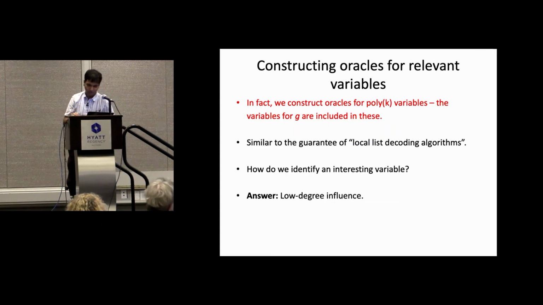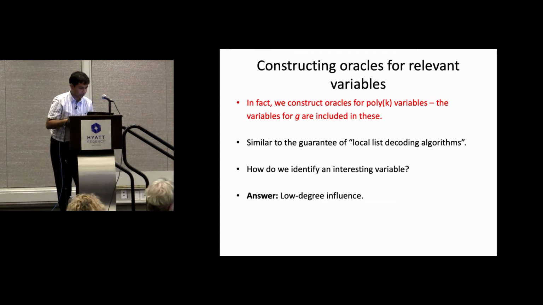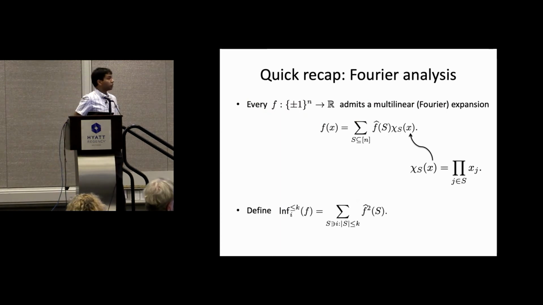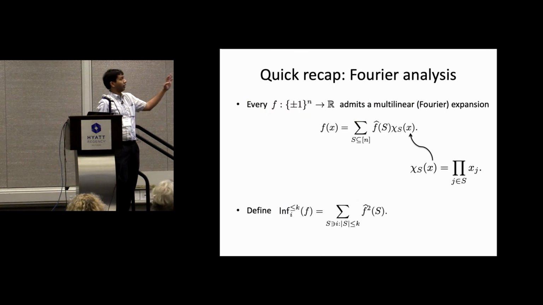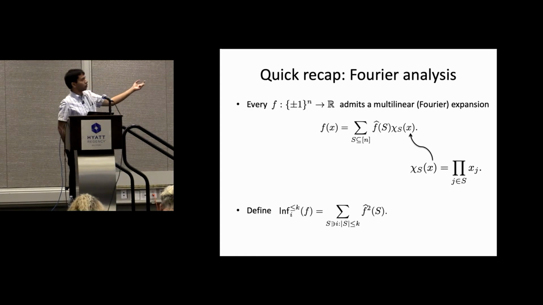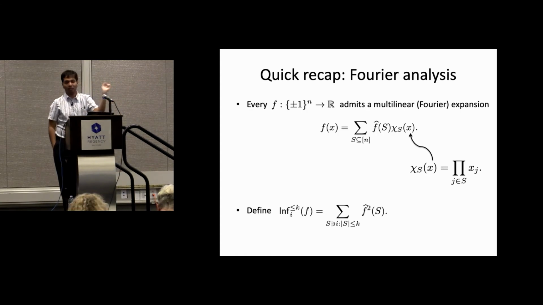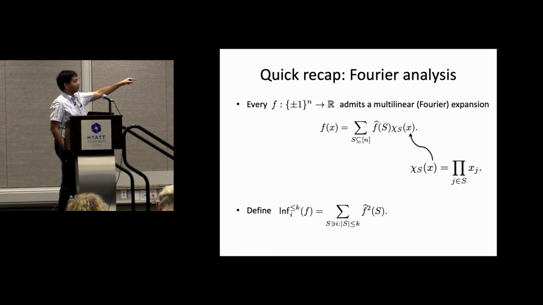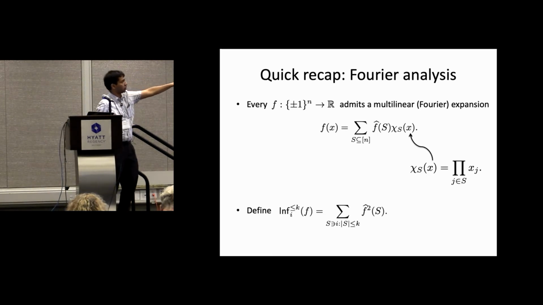So this will require a brief detour into Fourier analysis. Recall every function on the hypercube admits a multilinear expansion. It can be written as the summation of f hat s chi s of x, where s ranges over all the subsets of 1 to n, and chi s of x is the product of all the coordinates appearing in S. Every function can be written as a linear combination of these functions chi s of x.